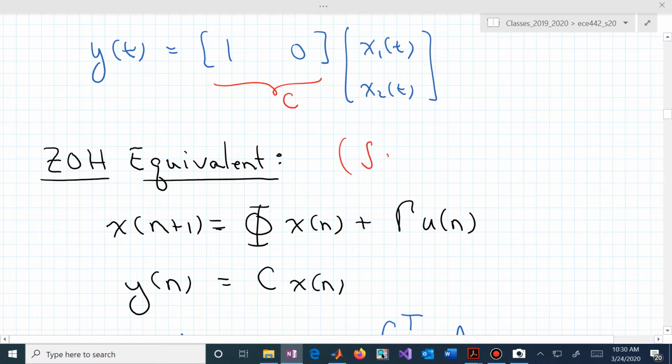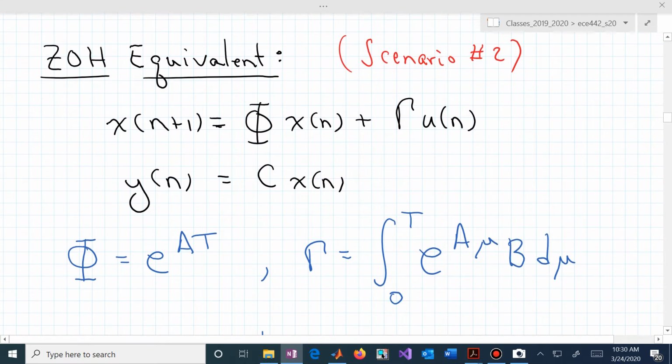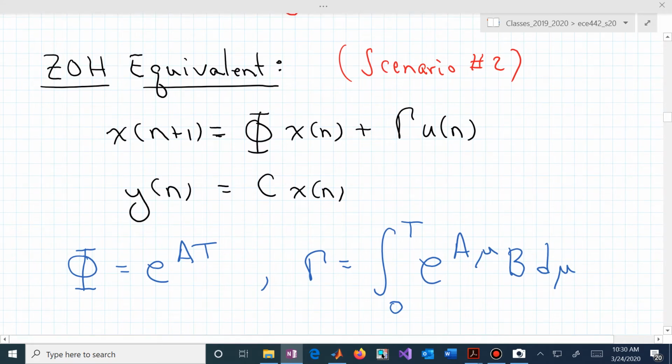And remember, this is scenario number 2 that we talked about in lecture 4.1. This is when you have a zero order hold preceding your system's transfer function, and you're trying to now incorporate the dynamics of the zero order hold along with the plant to obtain your discrete equivalent.